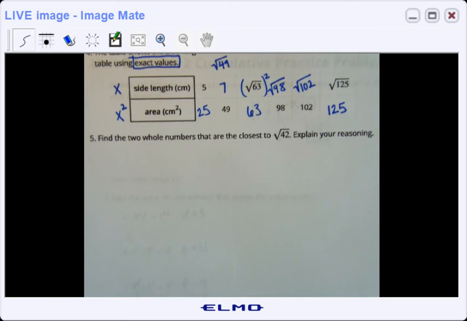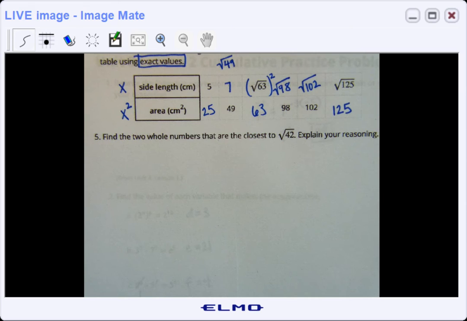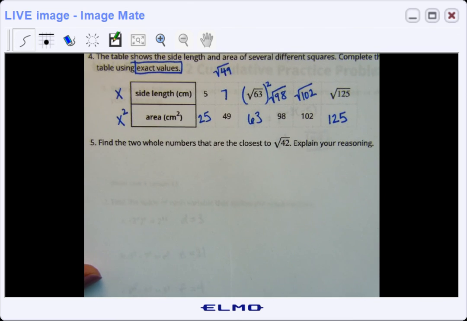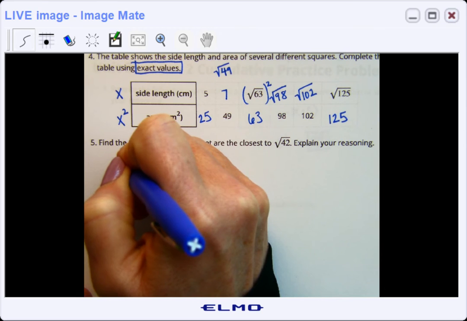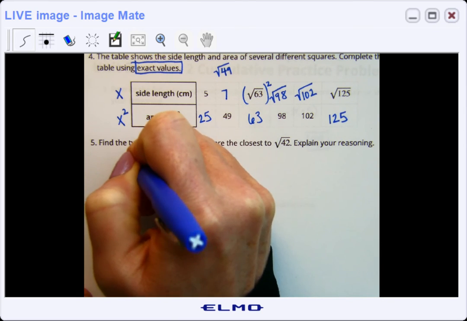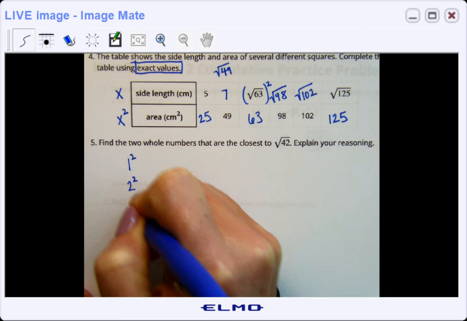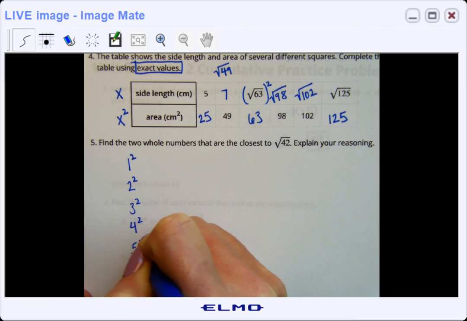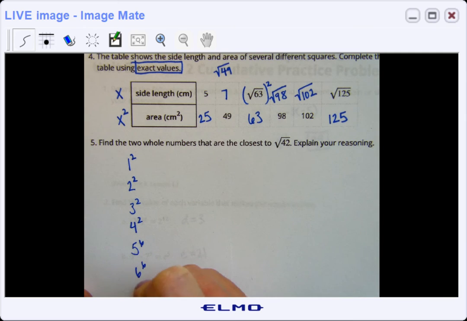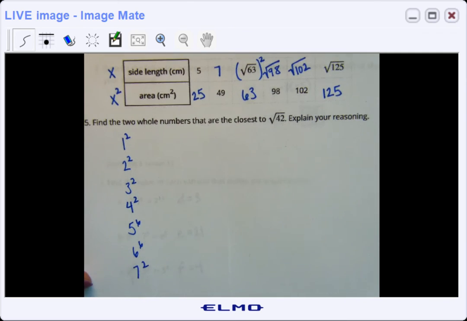And finally, for number 5, find two whole numbers that are the closest to the square root of 42. Explain your reasoning. So we did something similar to this in class today with cubed roots. We can kind of use that same idea. So if I think about taking all the integers and squaring them, 1 squared, 2 squared, 3 squared, 4 squared, 5 squared, 6 squared, 7 squared, and so on.